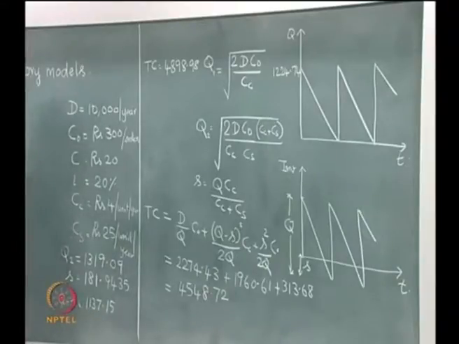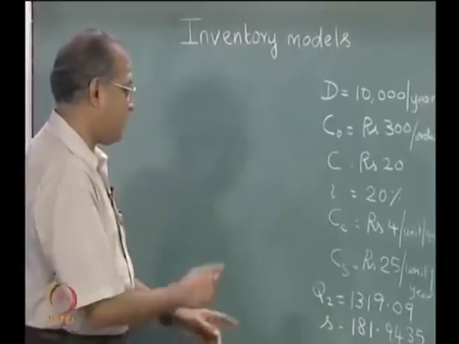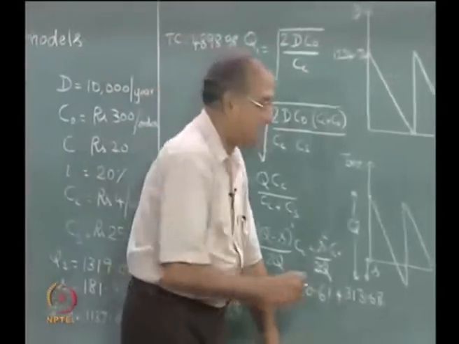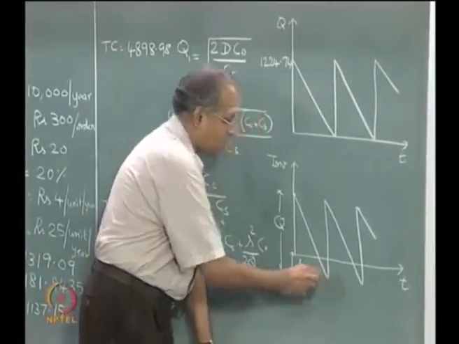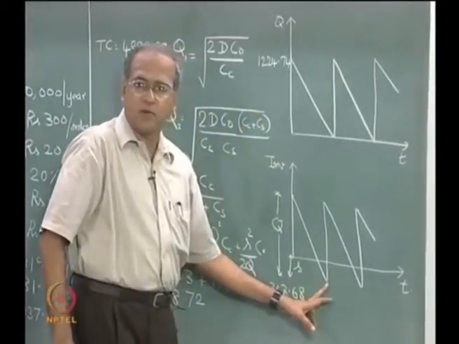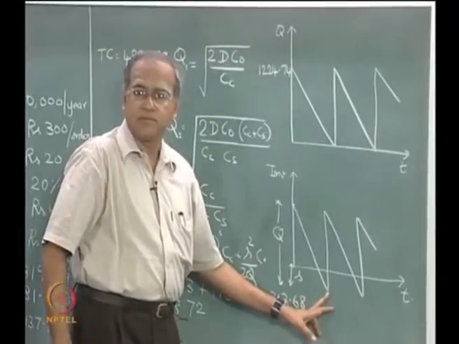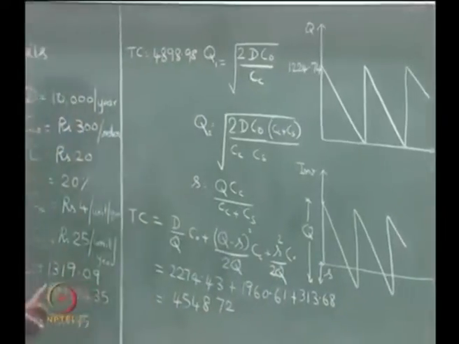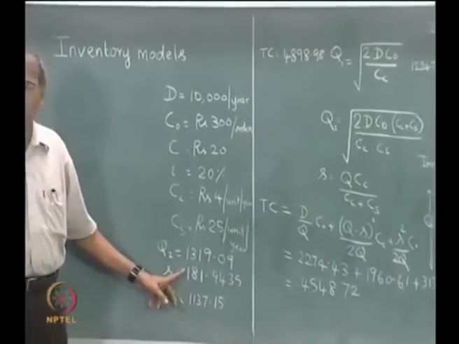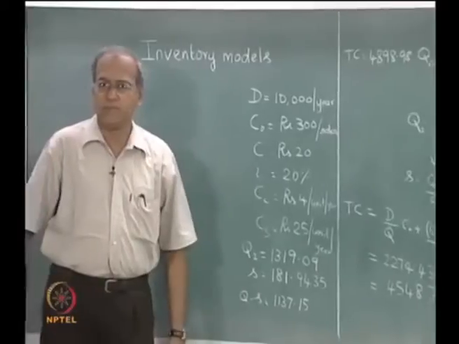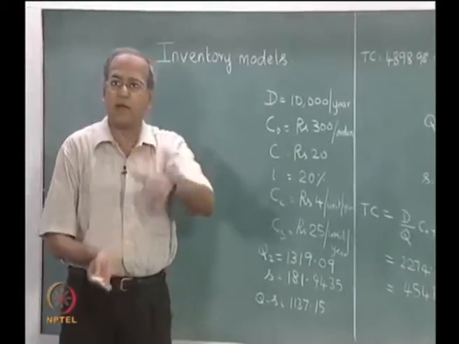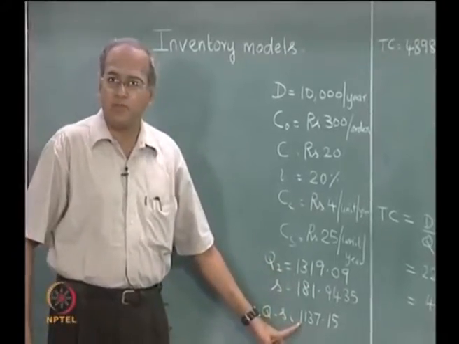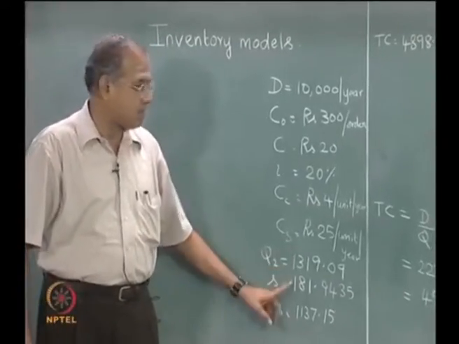Other way of describing it is, even though we order 1319.09, because of instantaneous replenishment we will place an order when we were here and then place an order for 1319.09, and as soon as the item arrives, which is instantaneous, the back ordered quantity of 181.94 is immediately given, and therefore, the inventory on hand quickly reduces to 1137.15, which is the difference between this and this.